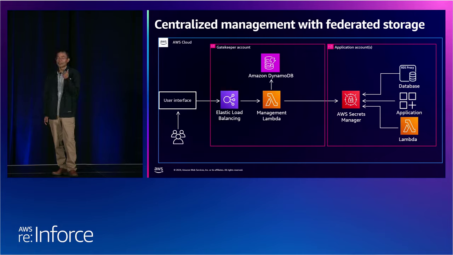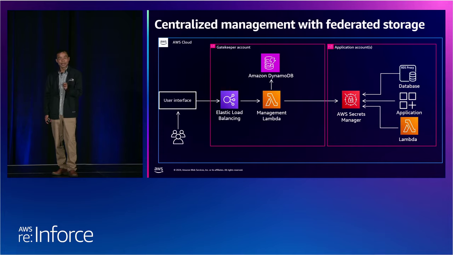First, it is local to the account where it is consumed, so it's minimum latency and highly performant. If you store in a central account, then it has to go through the account boundary, all that, and that's not something we want. So we store directly in the application account.